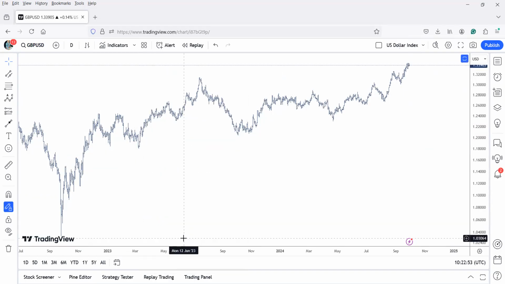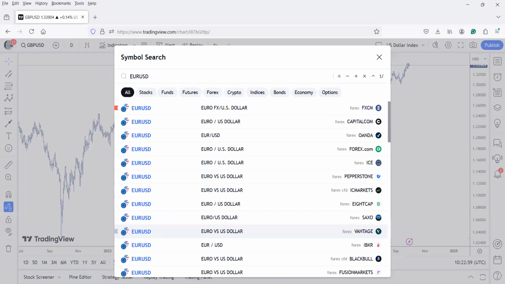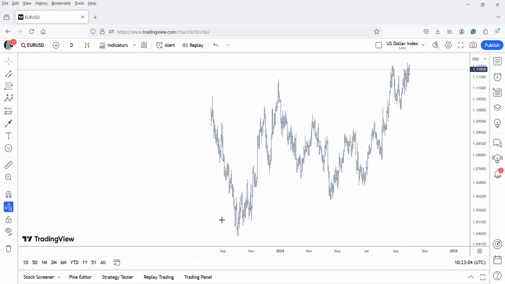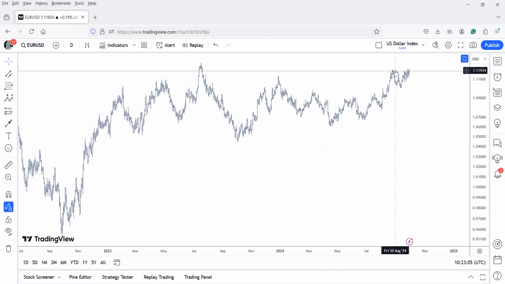All right, so the GBP USD expired flat and Euro USD are flat in the making because it has just pipped the previous high by a few pips. It's nothing more than that.